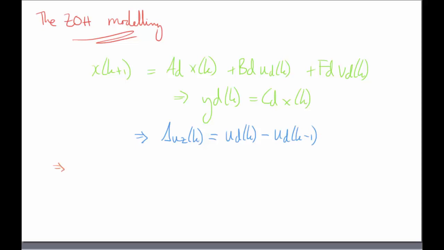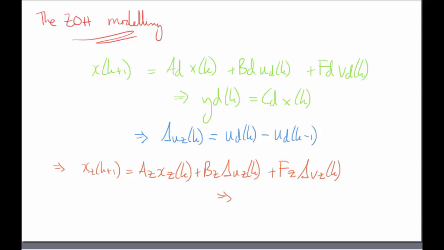So the xk plus 1, that state space system, is just a digitized version of the continuous model. And then replacing the UD of K and VD of K values, we get the augmented version.